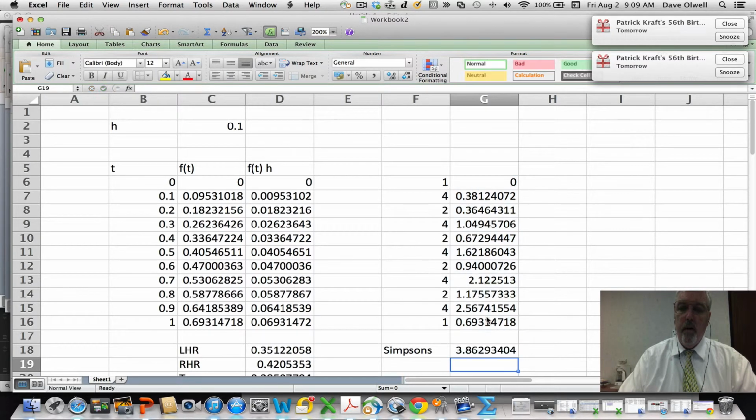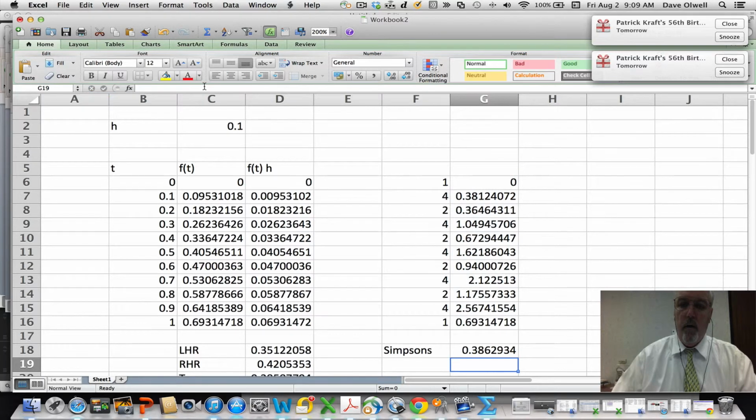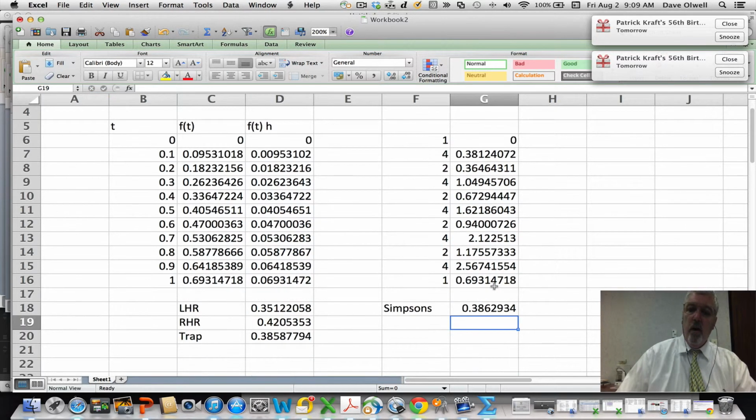Oh, times the width of the intervals, which in this case is 0.1. Okay, which gives me my 0.386. And that's a pretty good approximation.